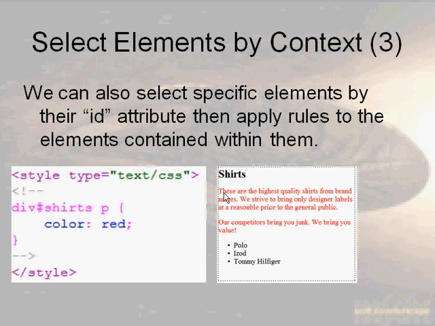But I do want to change the paragraphs. Well, if I've named this division with an ID of shirts, let's see what I can do. I use as a selector the division with an ID of shirts. And inside of that, where I have paragraphs, color those red. Again, this is being very specific, and it doesn't do anything to the unordered list or the header.